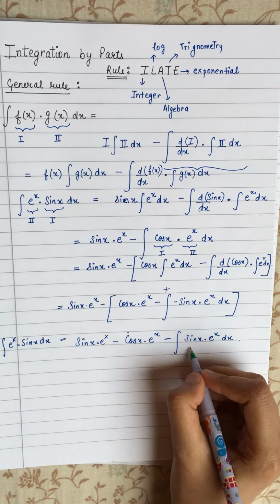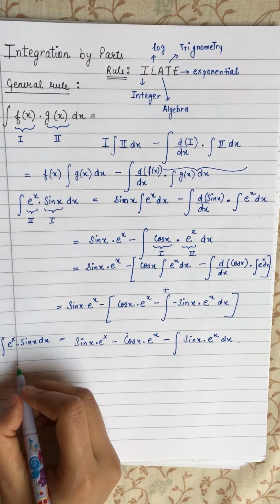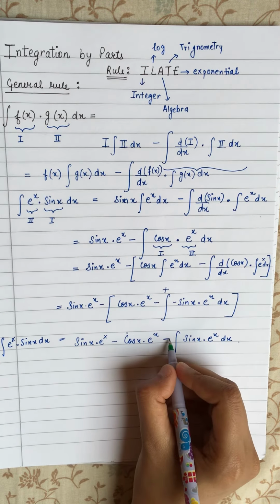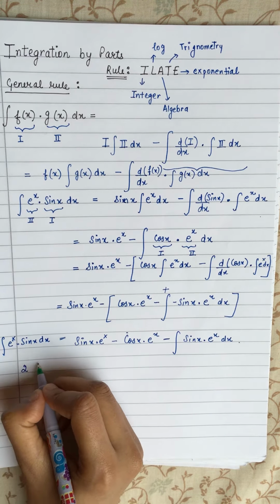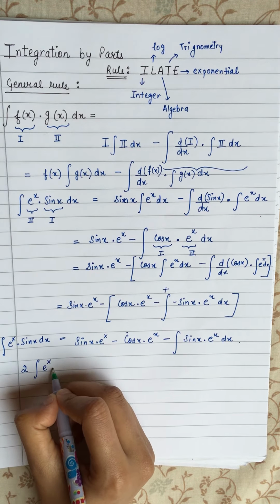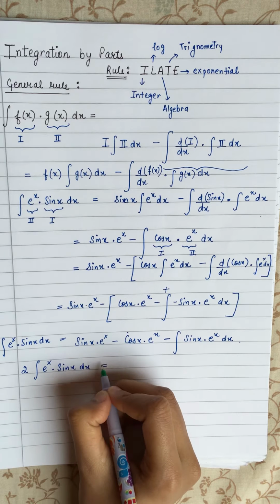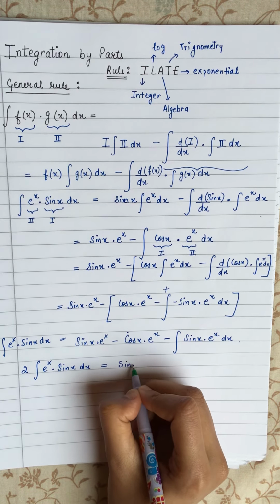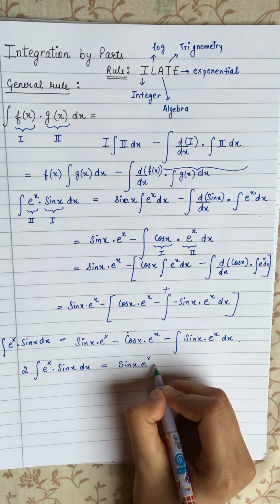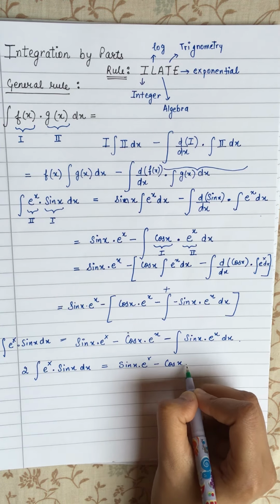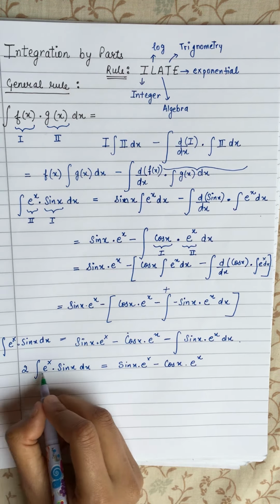Now from the right hand side we can bring this value to the left hand side and they both can be added because here it's minus. So it will be 2 times the integral of e^x sin x dx equals sin x e^x minus cos x e^x.